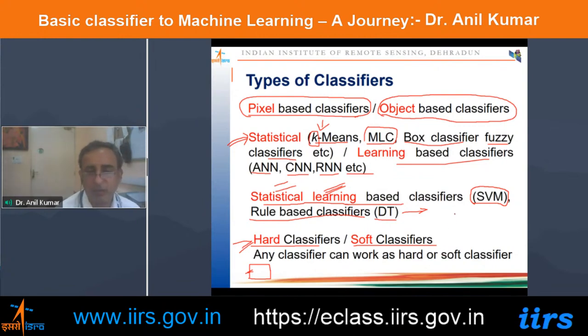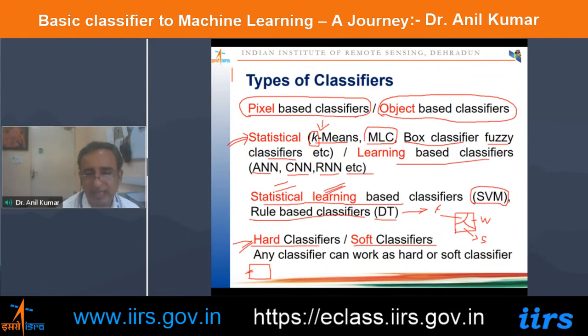But once we know that my pixel is a mixed pixel, that means there is a class of forest, a class of water, and a class of settlement, 3 classes. So it is a mixed pixel, which cannot be handled through hard classification. If you apply hard classification, some of the classes will be overshot and overestimated, and some of the classes will be underestimated.